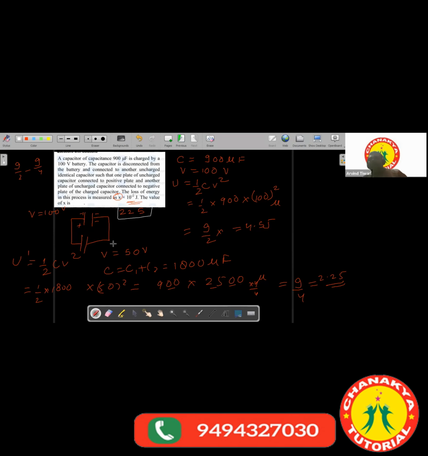Now, what we want to know here is that in this question, it was simple that both the capacitors had the same capacitance. What would happen if the capacitors have a different capacitance? Suppose the capacitors have a different capacitance. Then we need to find out the common potential. You can find out the common potential also if the two capacitors are different.